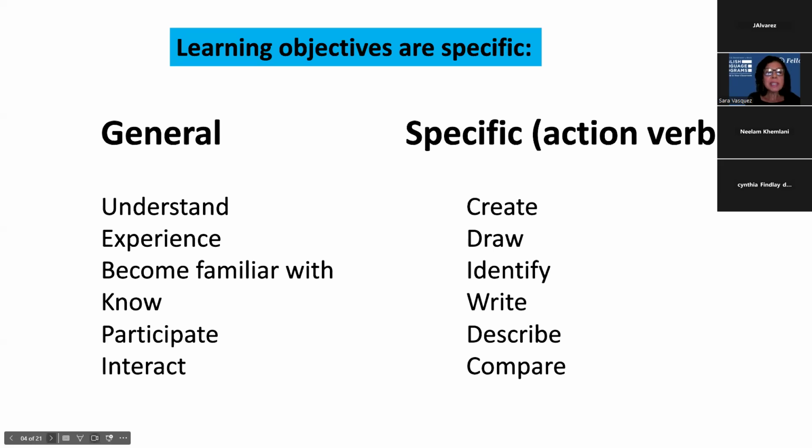So if you could see the difference, general verbs are not going to help us know whether the students are learning or not. We need to have more specific action verbs that tell us exactly what we want them to show us, that they know or that they understand and that they are interacting and getting something out of it.